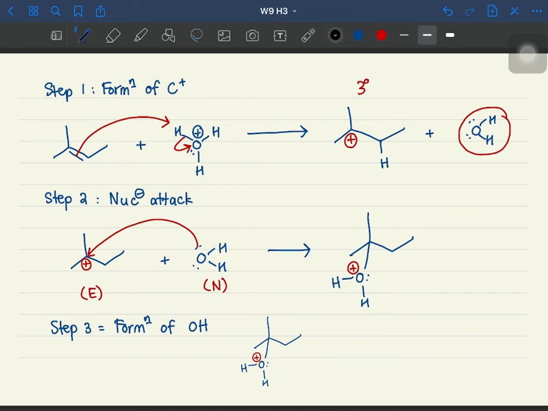So we'll take this oxygen, hydrogen, hydrogens with 2 lone pair, and then we're going to take one of the H here and break this bond to give you the final product of our alcohol. So we have 1, 2, 3, 4. One of them is methyl, another one is going to be the OH with 2 lone pair. So this is going to be our final product from this mechanism.